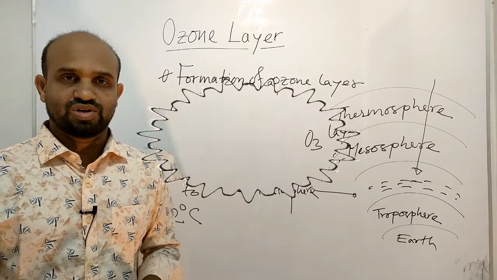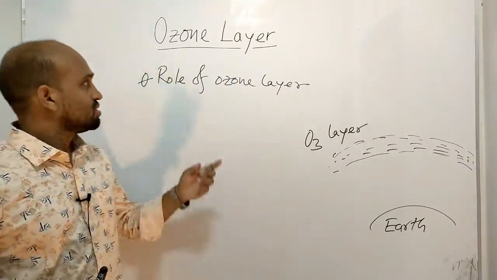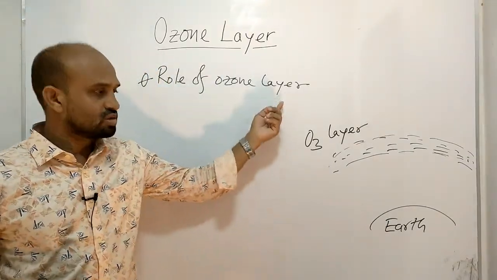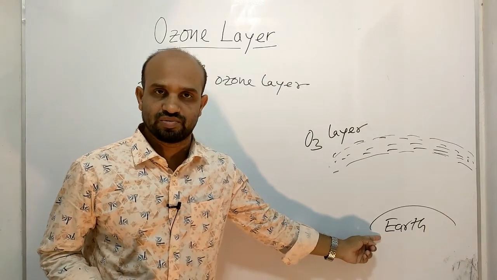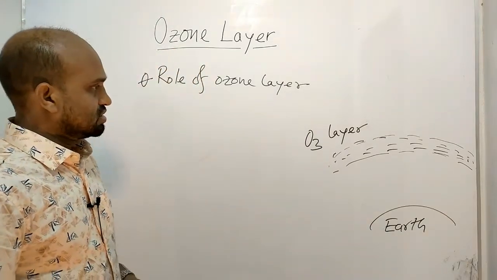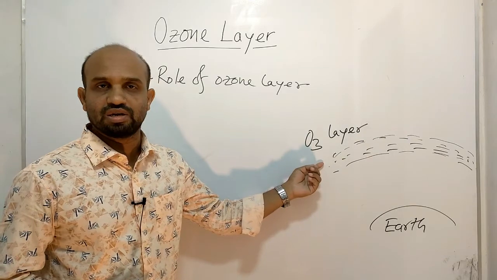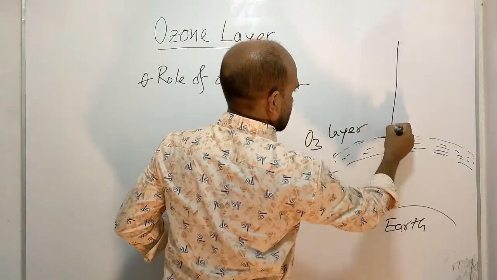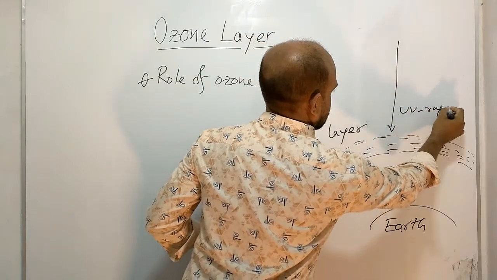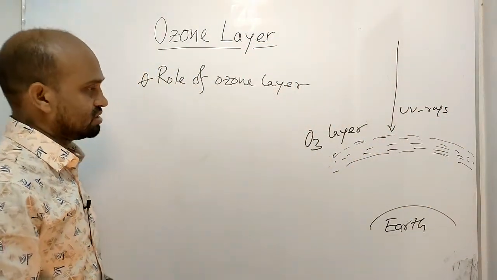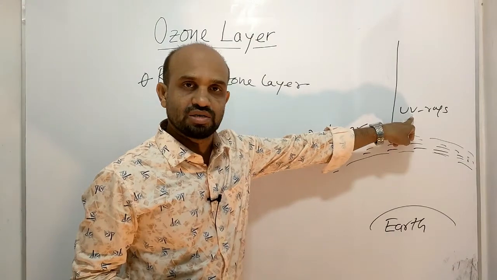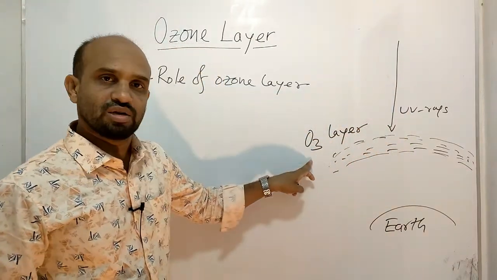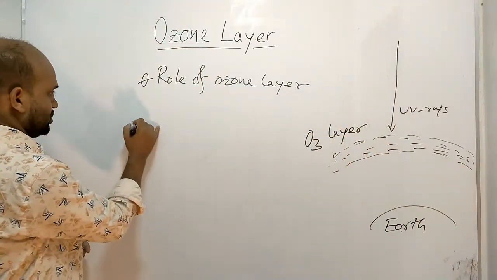Let's move on to the next point. The point is now role of ozone layer to the Earth's lives. This is ozone layer, a layer of ozone gas. Here UV rays come, and these UV rays are absorbed by ozone gas in this way.